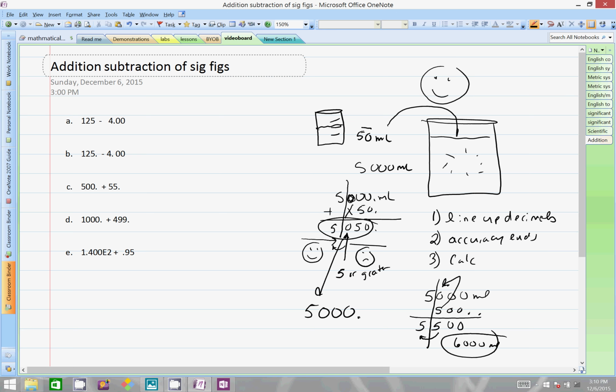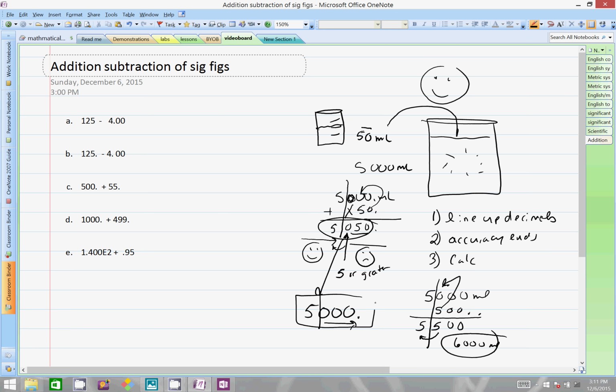Again, I lose accuracy after the 5, so nothing beyond that point can be listed. If I listed it as 5,050, the viewer would assume that's a good 5. But in reality, it's 5 plus something. We don't know what that something is, so we can't list it. This occasionally leads to some nice little debates with students over what's significant and what isn't.